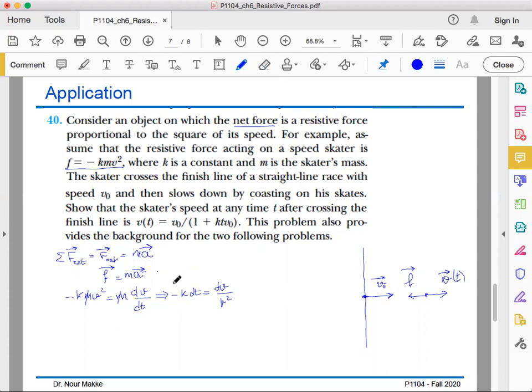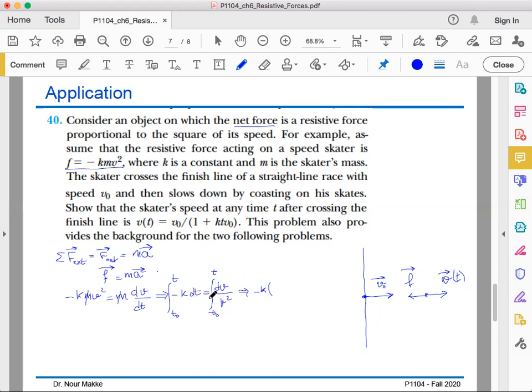And now all you need to do is make the integral of these two quantities between the initial time t0 and a given time t. So the integral of this expression between t0 and t is equal to the integral of this expression as well between t0 and t. From here we end up with minus K, a constant that gets out of the integral.